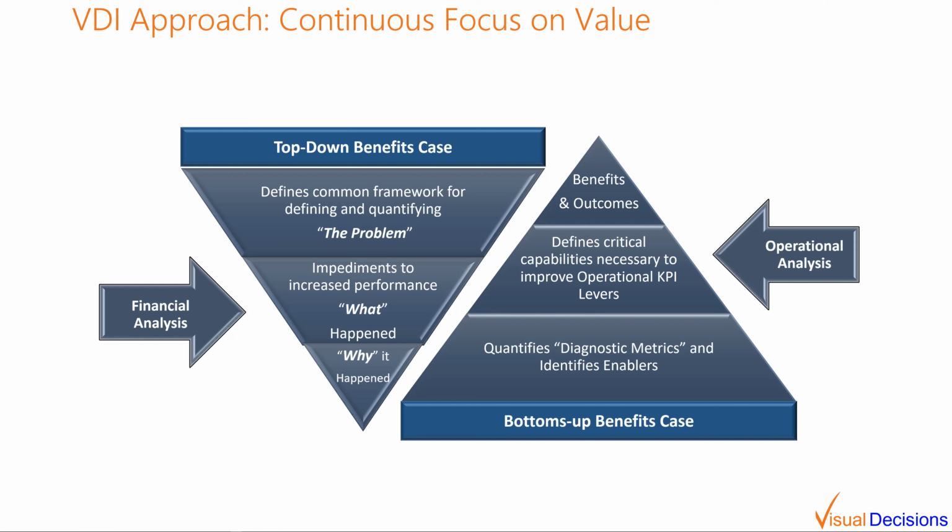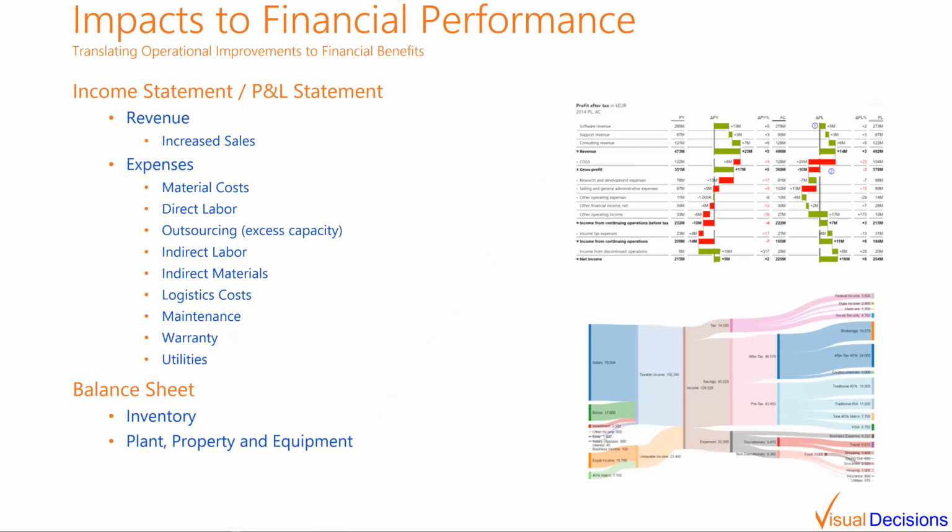And so there's an entire path through that, but what that allows us to really do is to focus on that impact to the financial performance that we're trying to drive, whether that's increasing revenue by increasing our capacity, or whether it's reducing various forms of expenses, reducing inventory, avoiding capital spending on plant, property, and equipment. Those types of things are what really drive the ultimate success of the project.